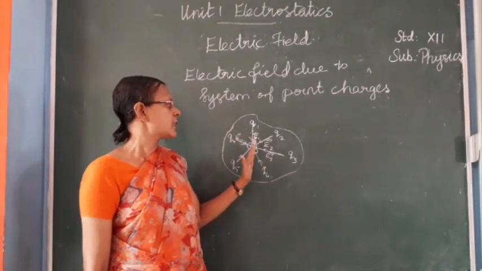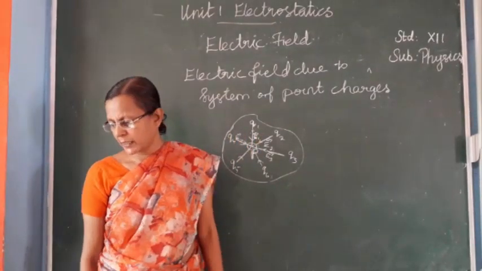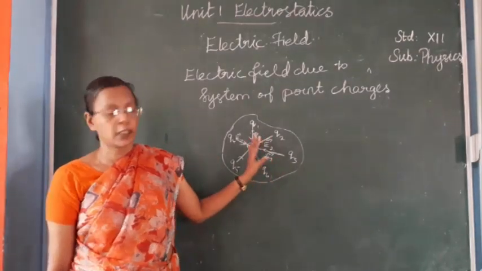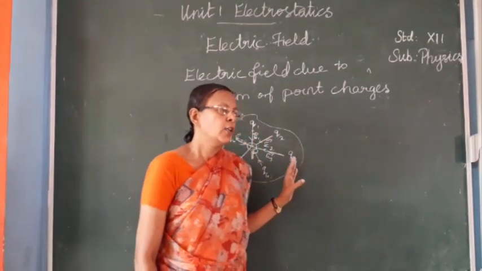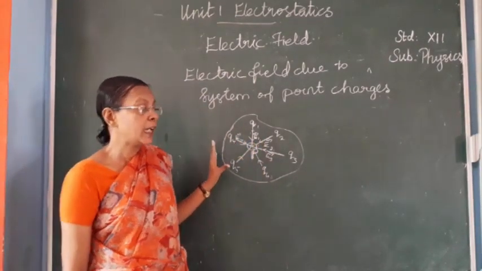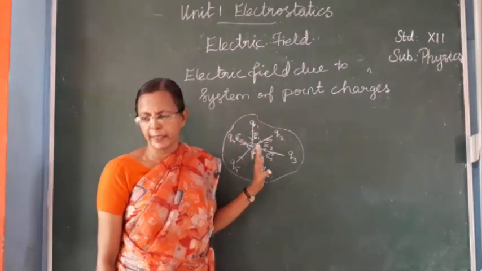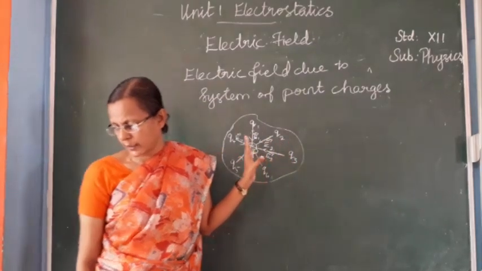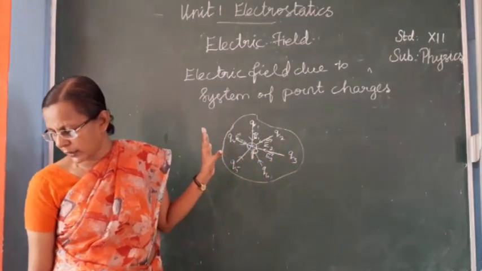This is called the superposition principle of the electric field. We already learned the superposition principle in Coulomb's law, but here it is the superposition principle for point charges, a system of point charges.